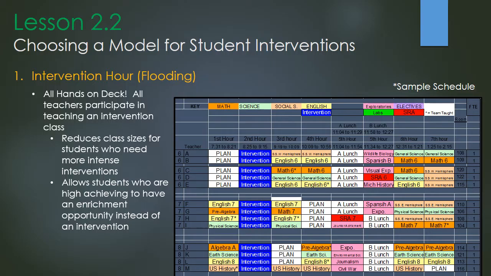But in most cases, principals have been able to make this work with staff, especially if they're able to really make the case for staff that if we provide intervention time outside of the core, then they're not responsible for doing so many interventions or differentiated instruction within their core. So it's really a win-win.